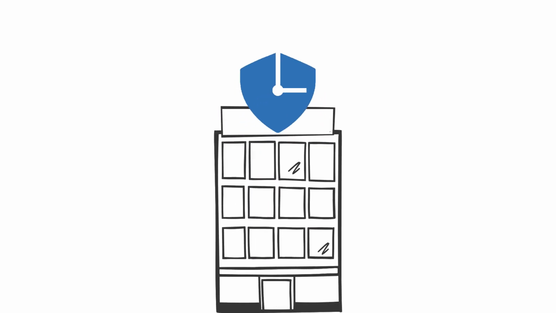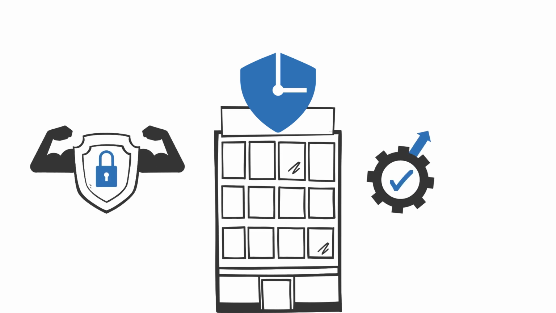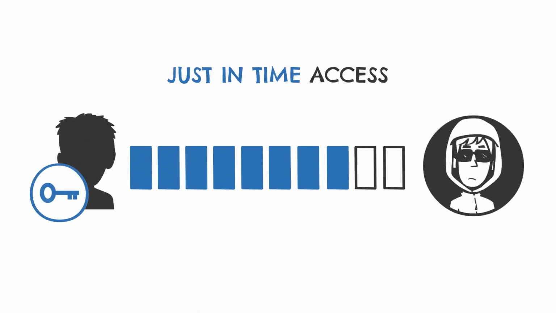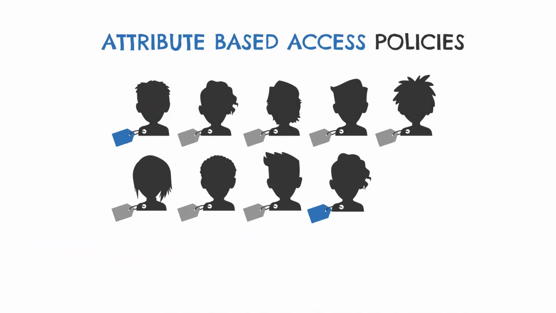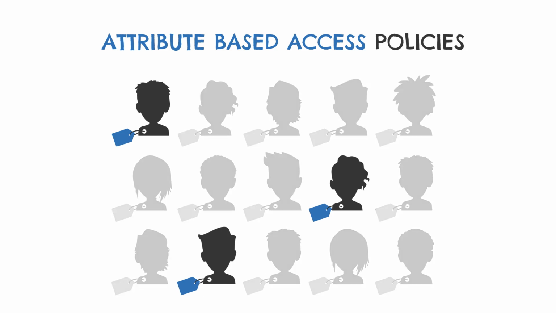As you can see, CyberArk provides you with a range of benefits which can help your organization to strengthen security and improve operational efficiencies. Privileged access granted just in time significantly reduces the risk caused by standing access to your organizational environments. Attribute-based policies make it easy to define who can access organizational assets based on departmental and functional needs.